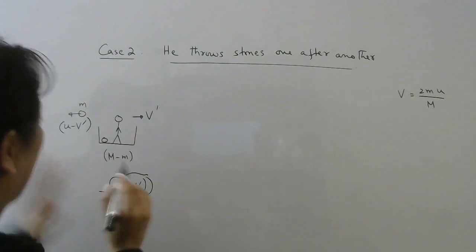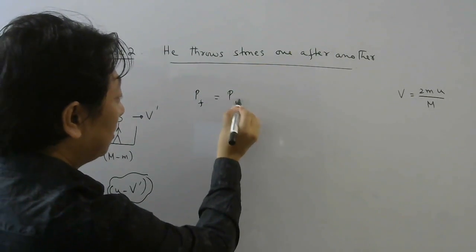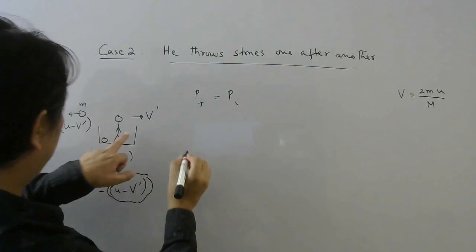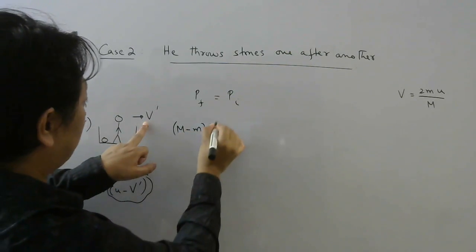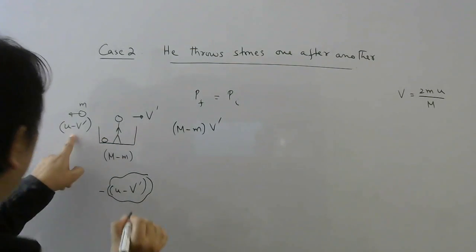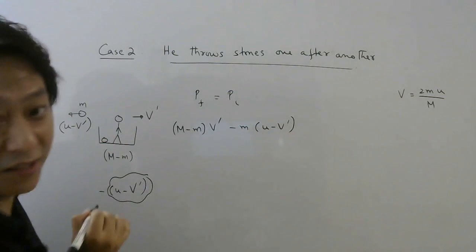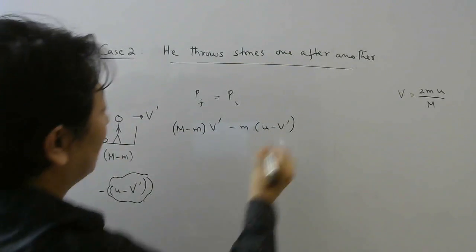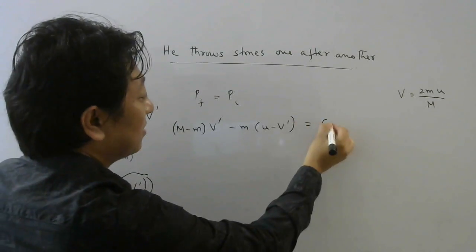The minus sign is simply saying that the direction is this side and this is the magnitude, which I have written here. Now, let us write conservation of momentum. Final momentum should be equal to initial momentum. Final for this part will be mass M minus m, velocity is positive this side, and for the stone the momentum will be minus m (u minus v dash), right? And this is in this direction. That's why I have put a minus sign, and that should be equal to initial momentum, which was 0.